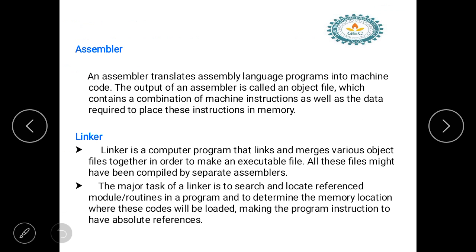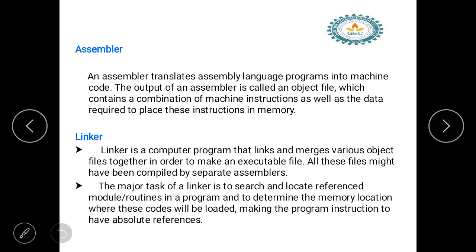Next one is the linker. A linker is a computer program that links and merges various object files together in order to make an executable file. All these files must have been compiled by a separate assembler.